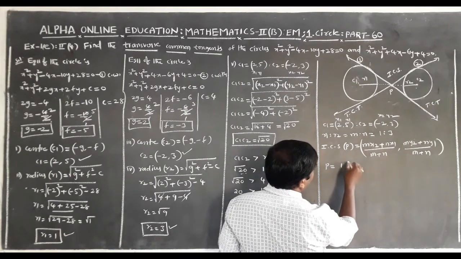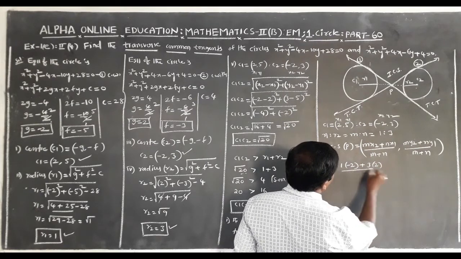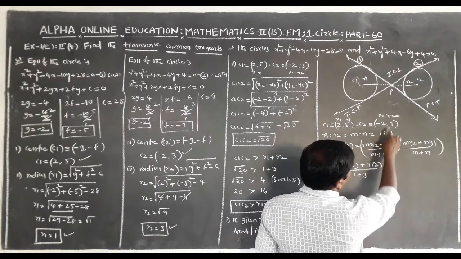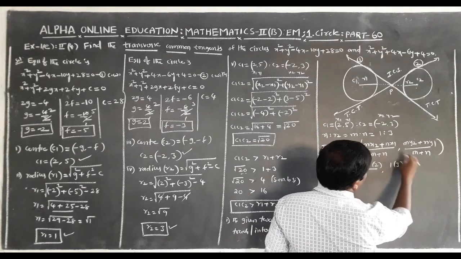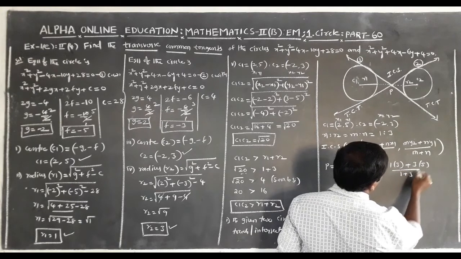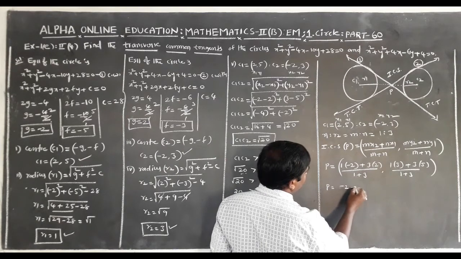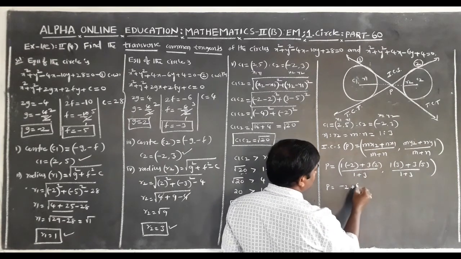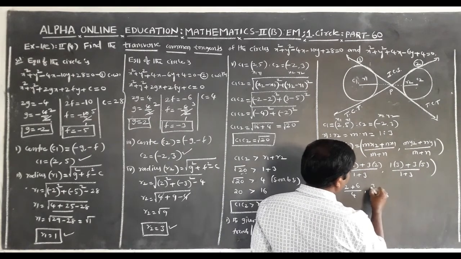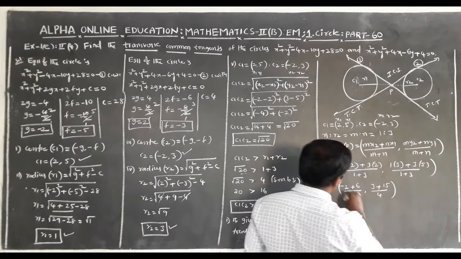P is equal to (1 into minus 2 plus 3 into 2) by (1 plus 3), comma (1 into 3 plus 3 into 5) by (1 plus 3). That is, minus 2 plus 6 by 4, comma 3 plus 15 by 4.